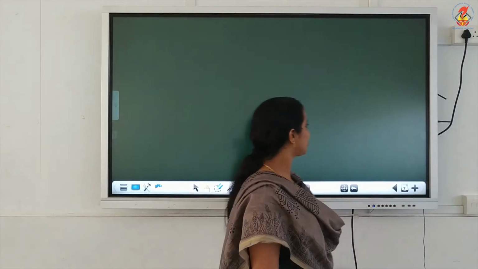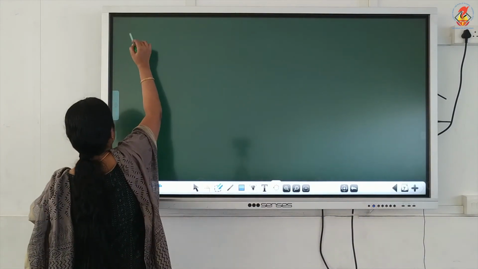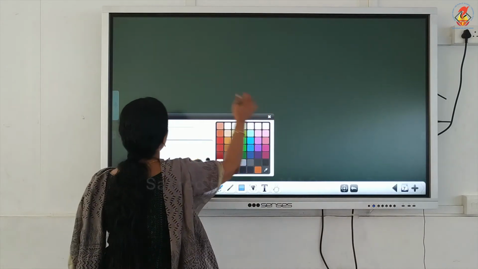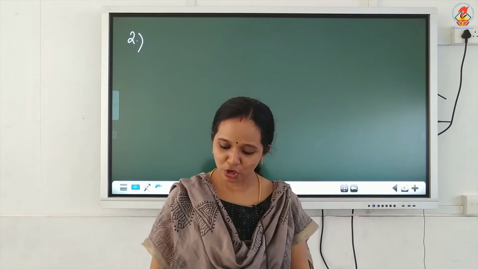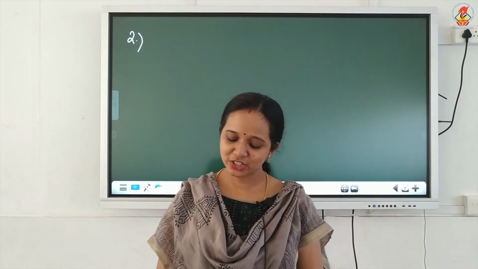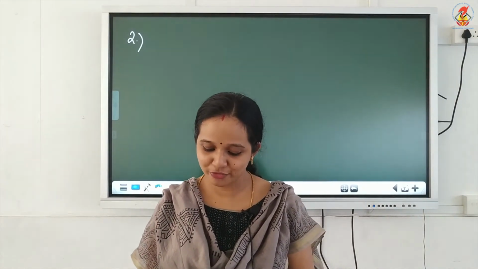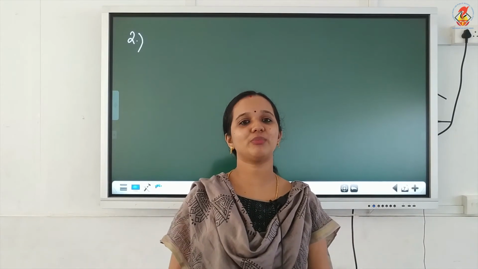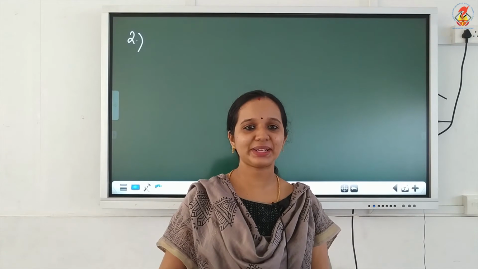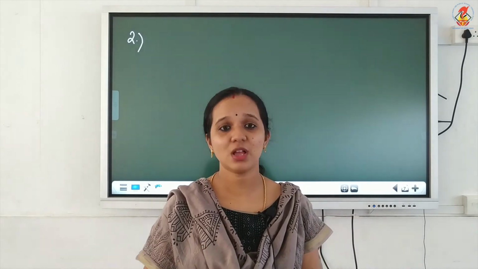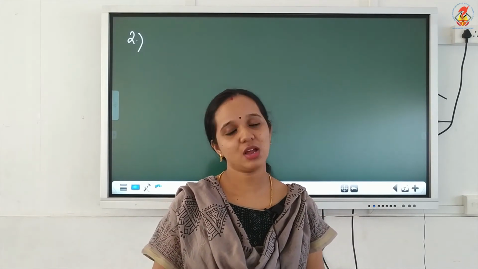Now, coming to the second question of page number 118. In the following example, try to identify the number of times the velocity of the ball changes. A situation is given and you need to identify how many times the velocity of the ball changed.